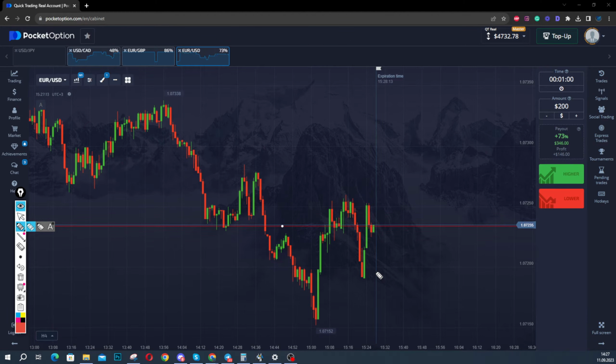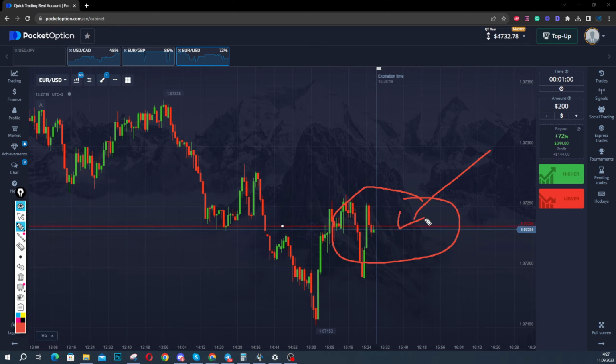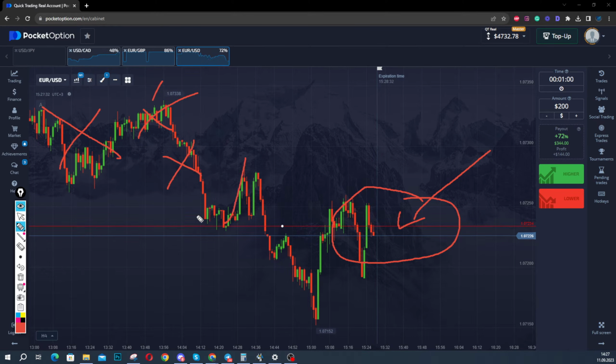What I'm doing here, the first rule, is I'm concentrating on the current price. That area is where I'm concentrating. If I'm searching for trades, I don't look here so much. This is not interesting. It's all in the past and it's unnecessary information.